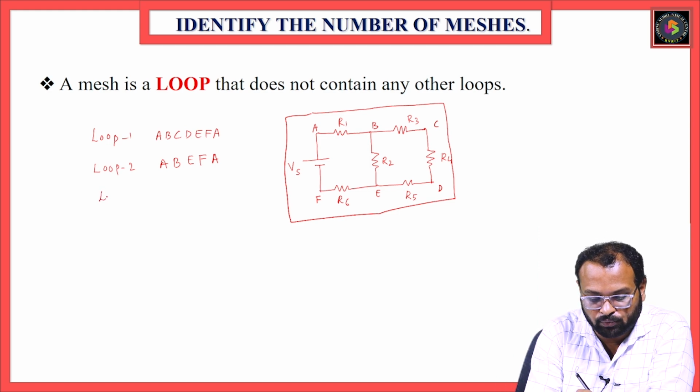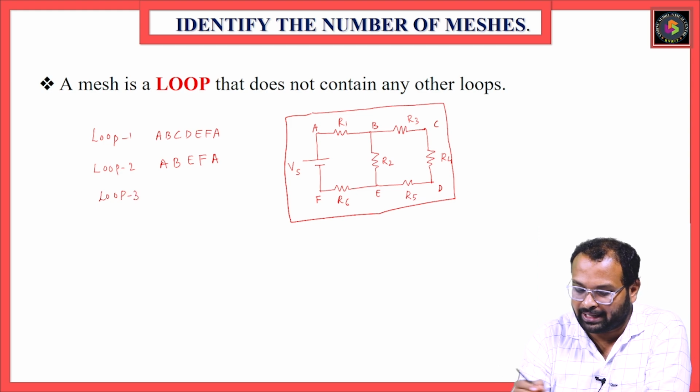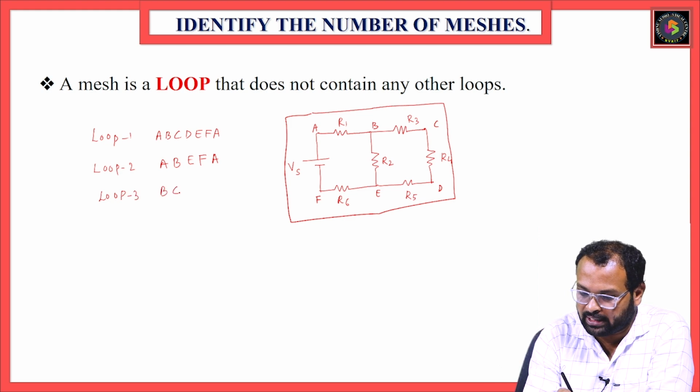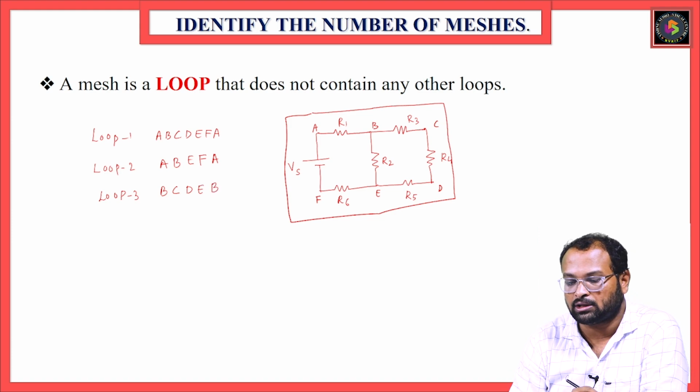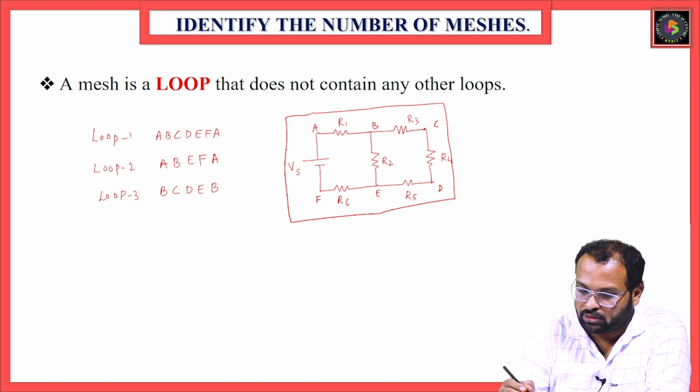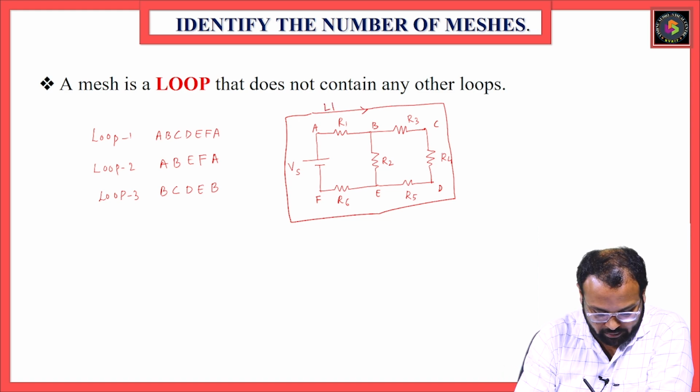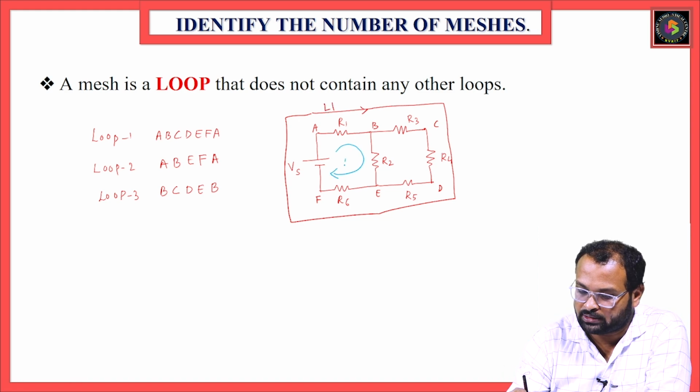Coming to loop 3, we can take B, C, D, E, B. This is also a loop.